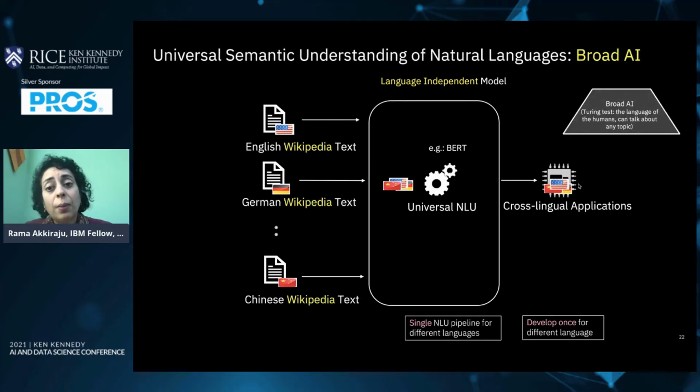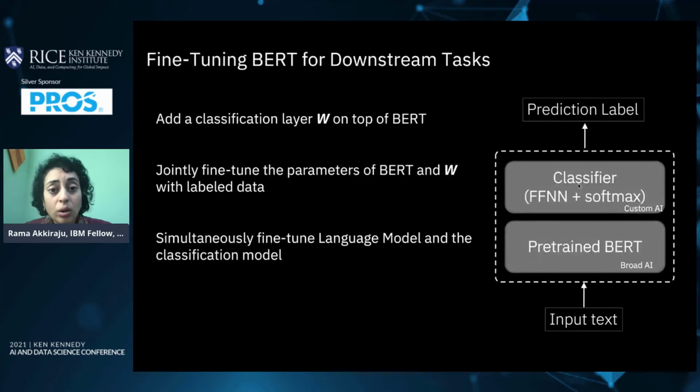Now, you can either do this with general purpose data, similar to how we talked about to solve the broad AI, or you can actually start to take the top layers and customize it with the specific language or domain data to get better results.